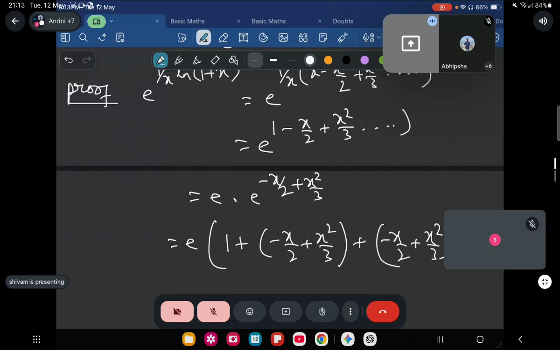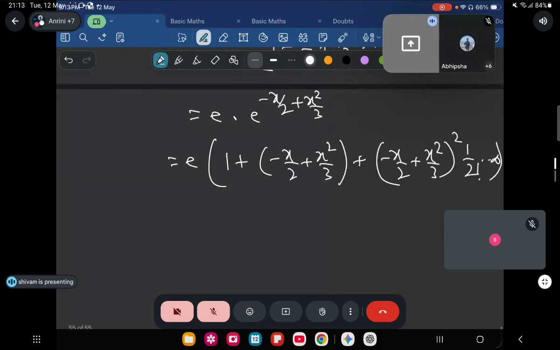Tell me, are people getting? If there's anyone having any doubt, you can ask me. Tell me, Aisha, Andini, Raktim, Shamita, are people getting? Okay. Yes, sir. So this will become e into 1 plus, so let us write down the coefficients. What is the coefficient of x? It will be minus half, so 1 minus x by 2.